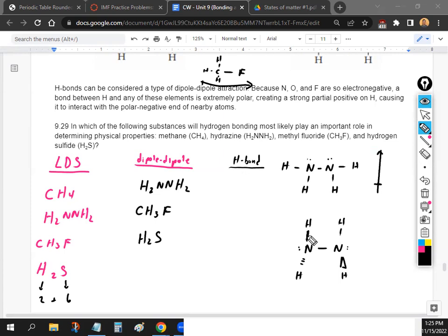The hydrogen is bonded to a nitrogen, so this is an extremely polar bond, and it's going to have a hydrogen bond with the lone pairs on the nitrogen atom. So again, look for nitrogen, oxygen, or fluorine bonded to hydrogen, and that will tell you if it has an H bond or not. So hydrazine will have a hydrogen bond.